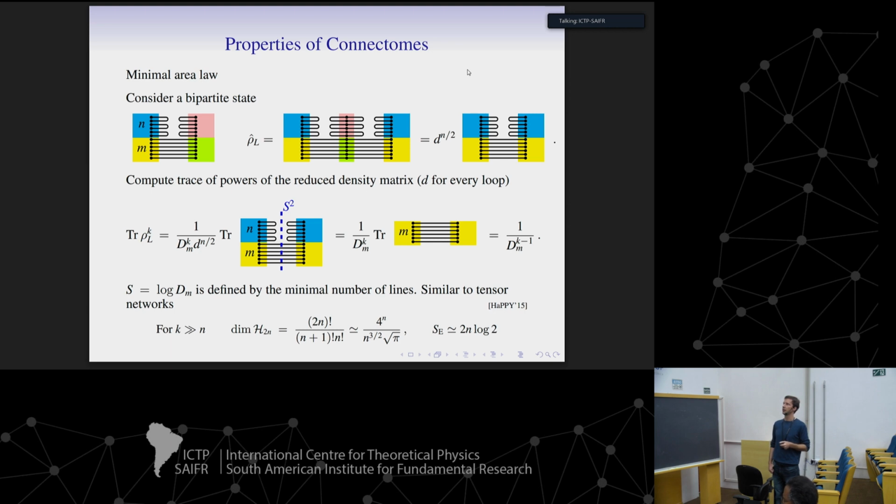If you think of this diagram as something in three-dimensional space between two S2, then at some point you can insert another S2 which crosses the minimum number of lines. And then the entanglement entropy will be defined by the dimension of this Hilbert space.